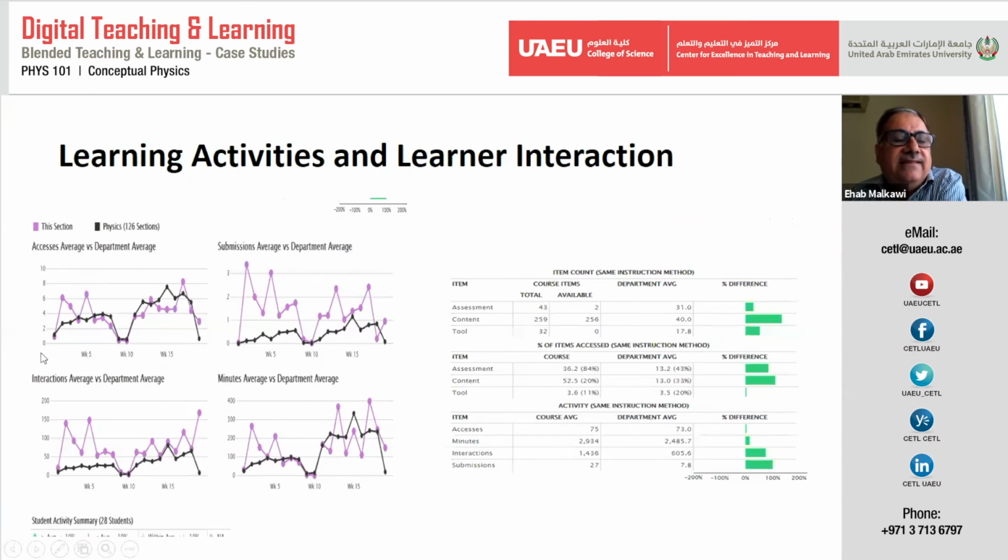When I look at the left side, the average versus department, I can see that at the beginning, for the first 5 weeks or so, we are above the average of the department. But for the next 5 weeks or so, we become similar to the department average. And even toward the end of the semester, for a few weeks, we are below the average.